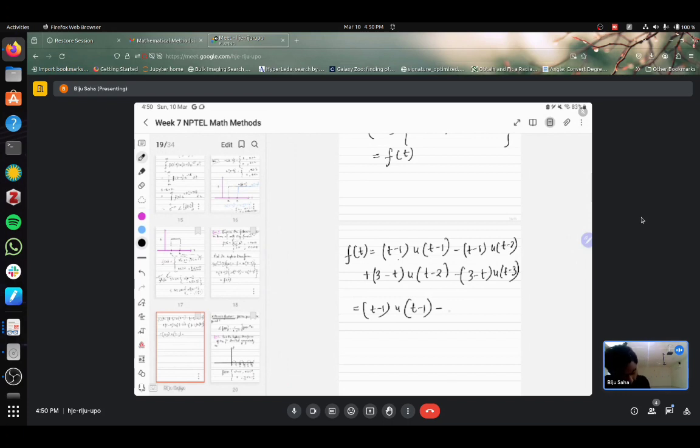So u(t minus 2) is common over here, and then we have minus of (t plus 1) minus of (t plus 3) here. So that would be minus 2t plus 4.